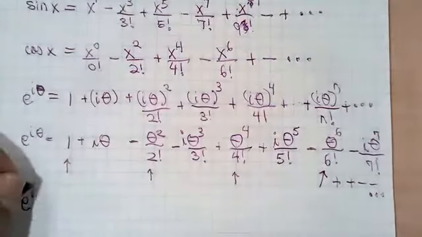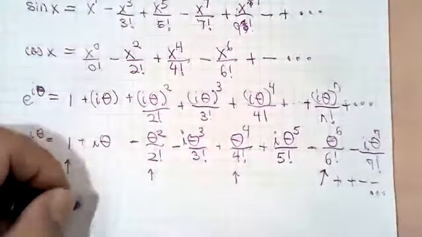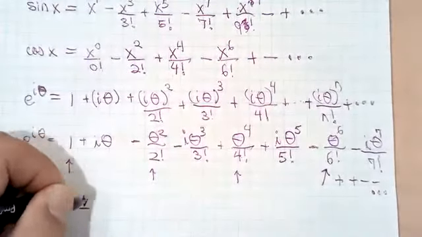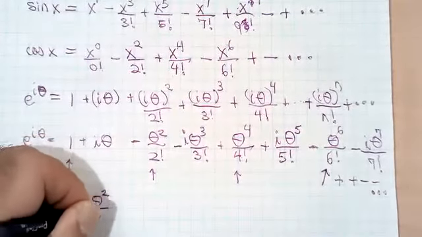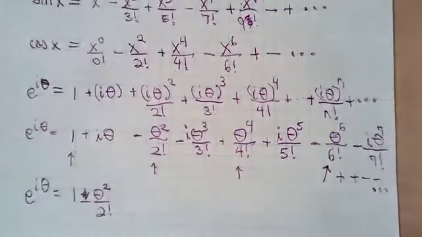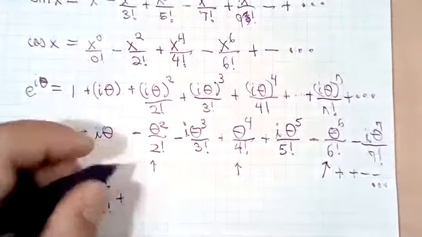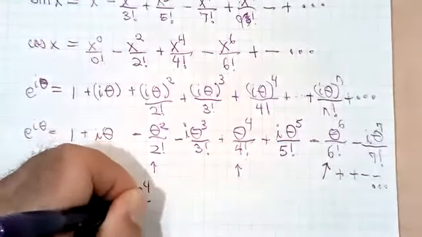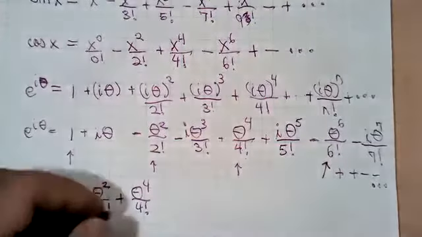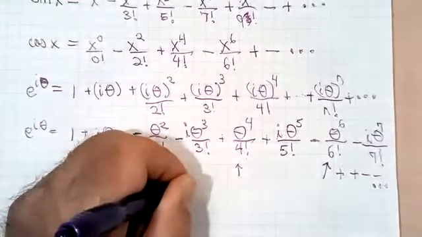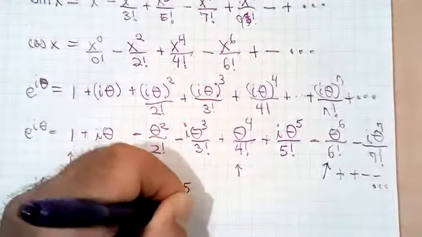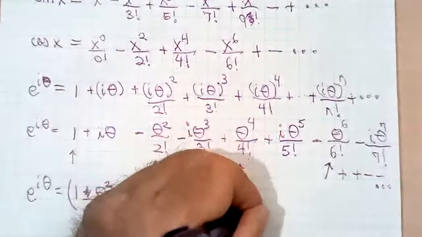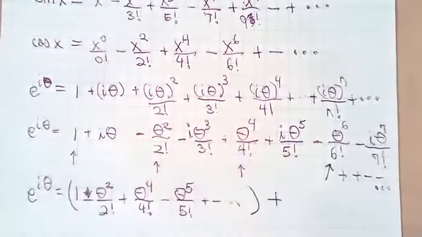So e to the i theta equals 1 minus theta squared over 2 factorial plus theta to the 4th over 4 factorial minus theta to the 6th over 6 factorial, and it keeps going like that, plus, minus, etc. Group those together, plus we've got another whole series here.